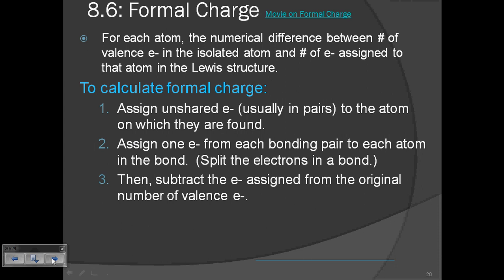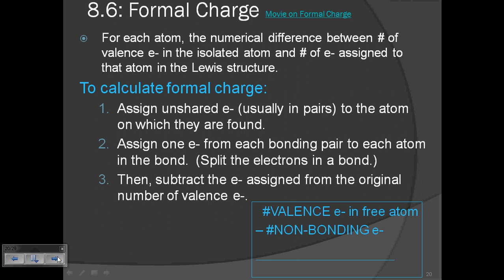Then to figure out formal charge, the formula is: you see how many valence electrons are present in the free atom, which you can figure out from the periodic table, minus the number of non-bonding electrons, minus half of the bonding electrons, and that's the formal charge on an atom. Again, to remind you, formal charge is used to help us figure out the correct Lewis structure. It's not a real charge, it's an imaginary charge.